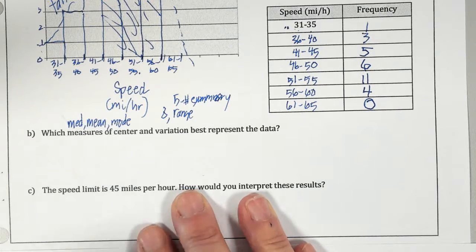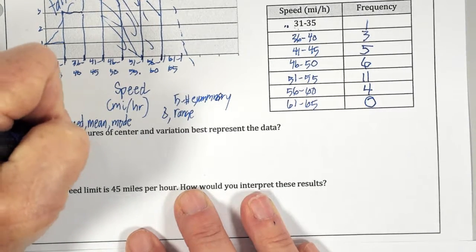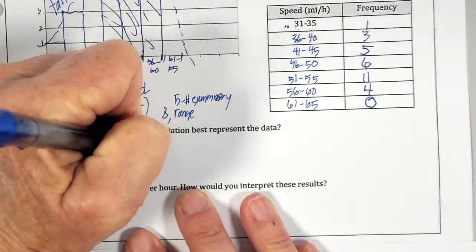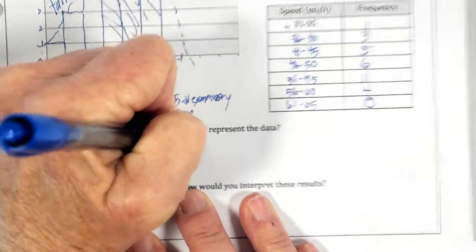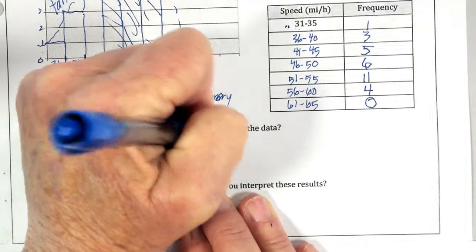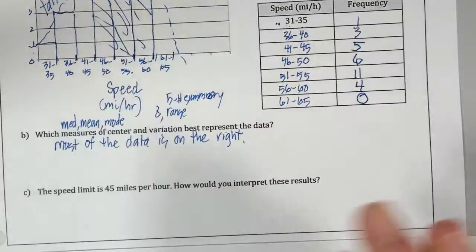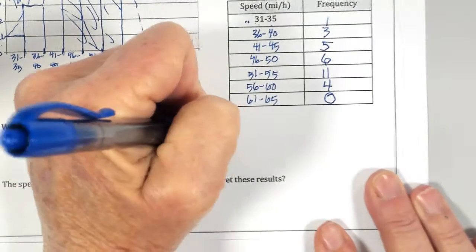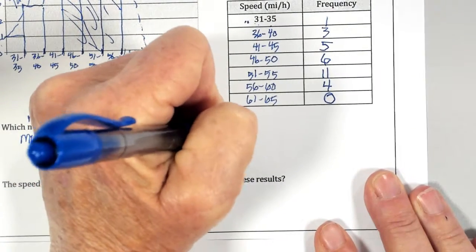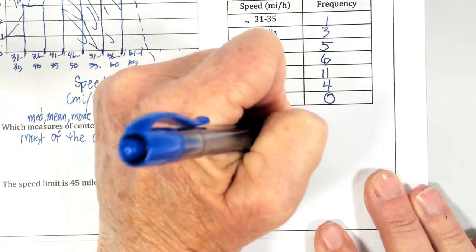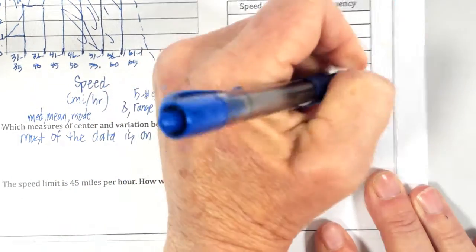So I'm going to notice that most of the data is on the right. Thus, the distribution is skewed left.